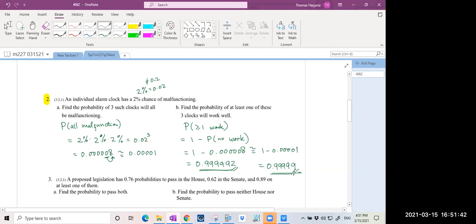So is question one the complement of A? Yes, that's right. The complement of all malfunctioning is at least one not malfunctioning. The complement of at least one is none.